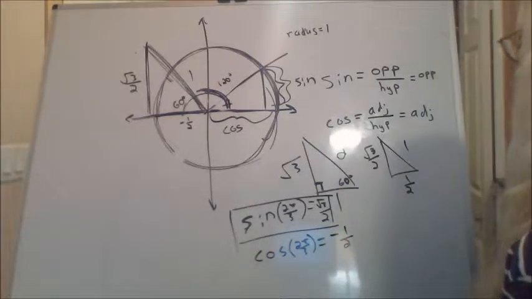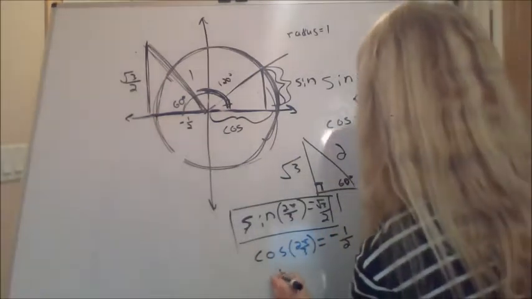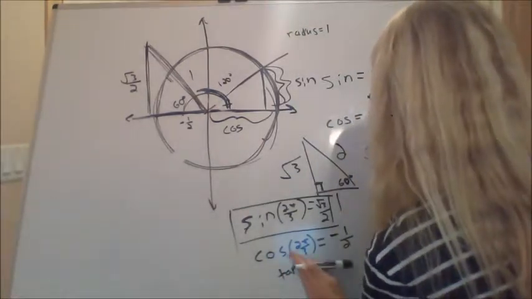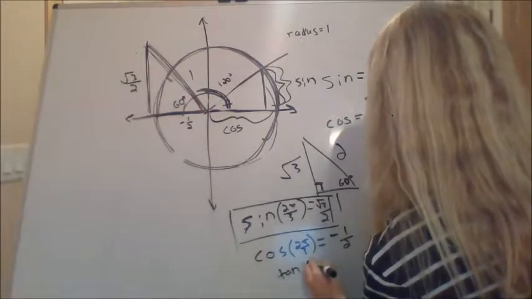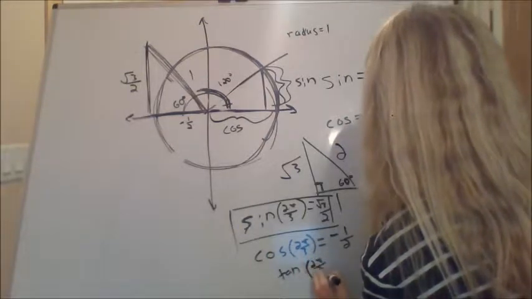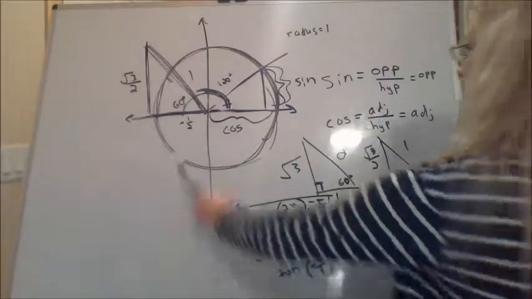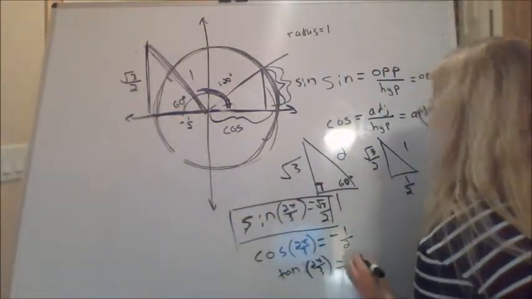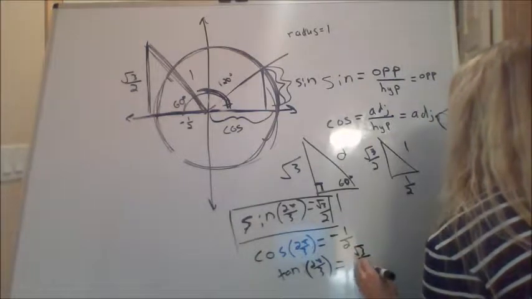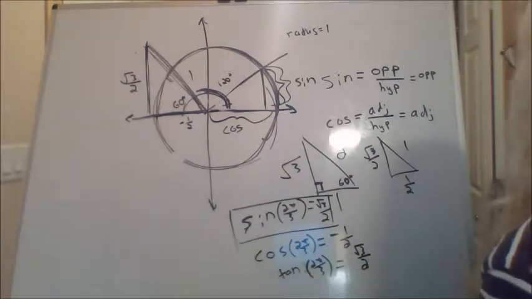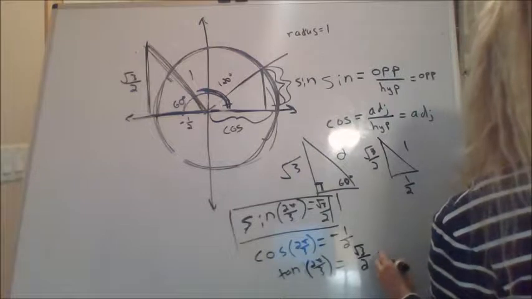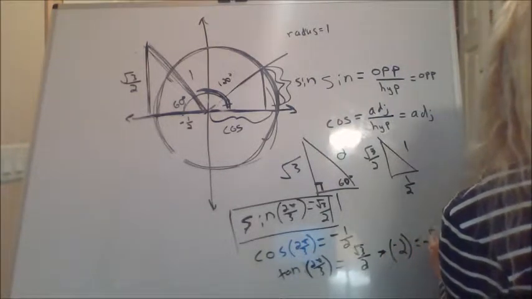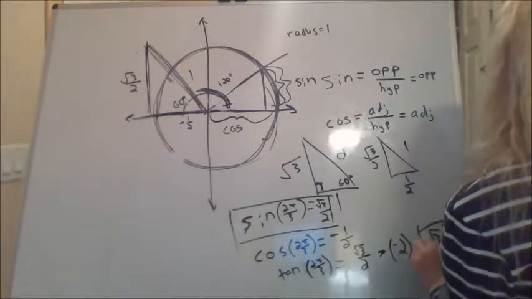And then we also know that the tangent of 2 pi over 3 is going to be our opposite divided by our adjacent. So square root of 3 over 2. And when you divide, that's like multiplying by the reciprocal times negative 2. That's going to equal negative square root of 3.